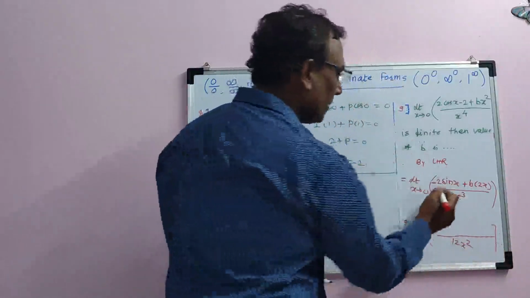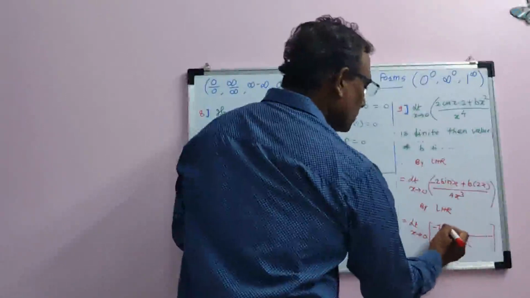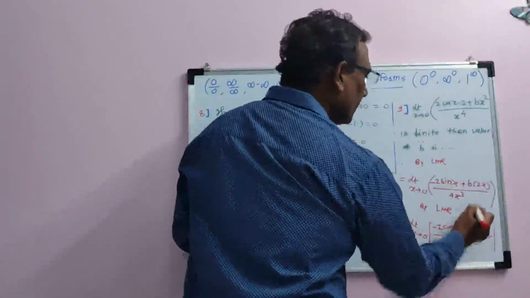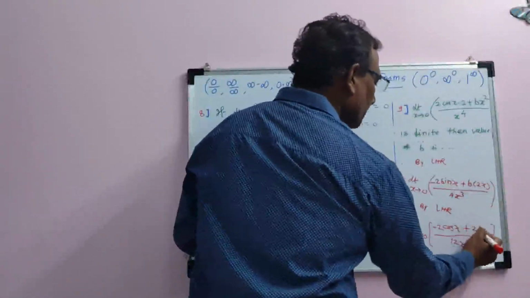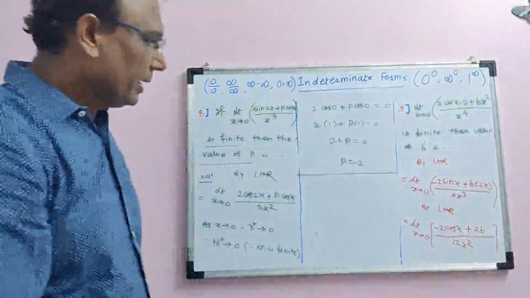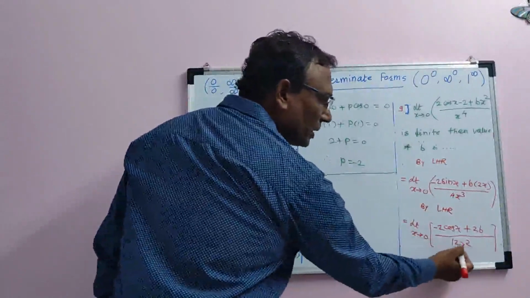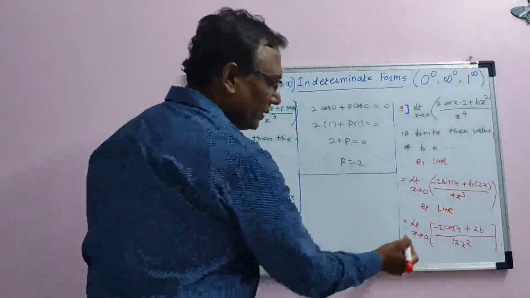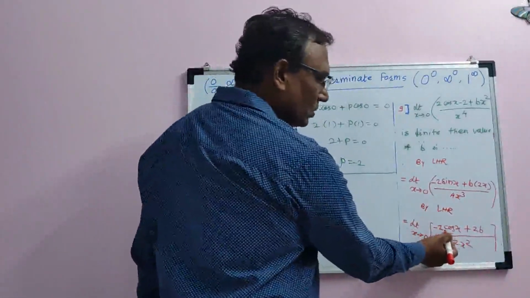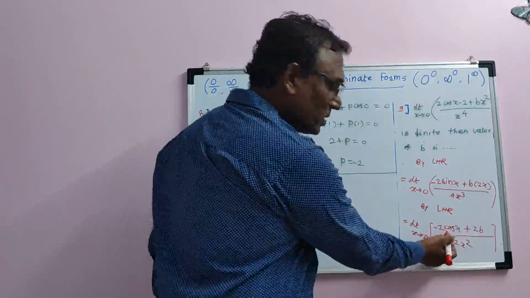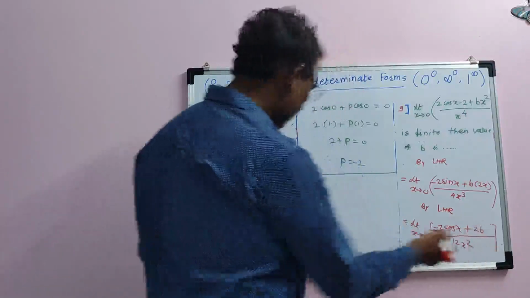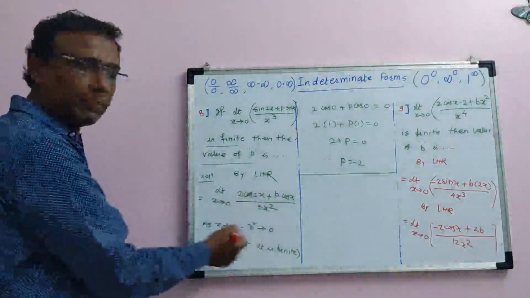Derivative of sin is cos and derivative of x is 1, means 2b will be there. Again, if you put x equal to 0, then the denominator becomes 0. And when you put x equal to 0, the numerator will be b dependent. That is what happened here.